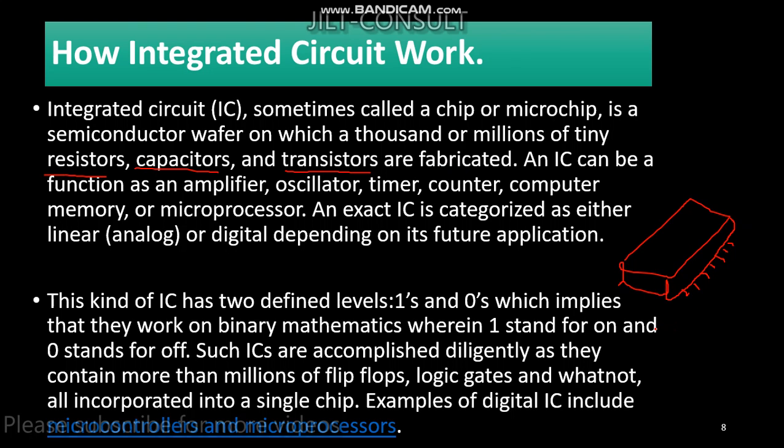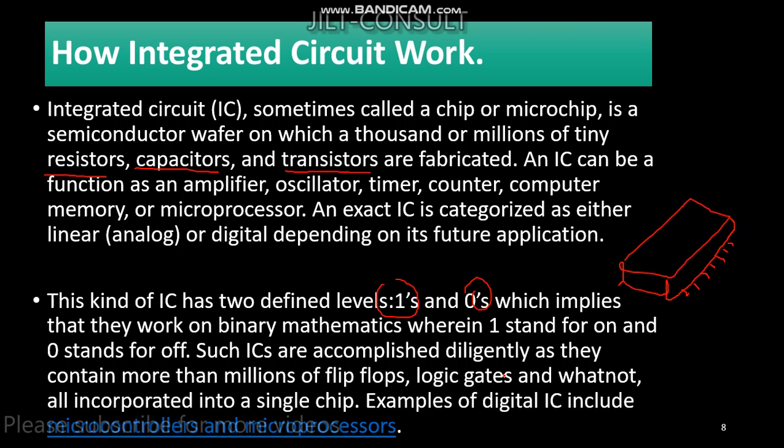This kind of IC has two defined levels, zeros and ones, as I was saying, which implies that they work on binary mathematics, wherein 1 stands for on and 0 stands for off, as I was explaining earlier. Such ICs are accomplished diligently as they contain more than millions of flip-flops.